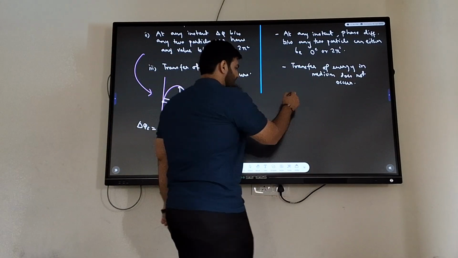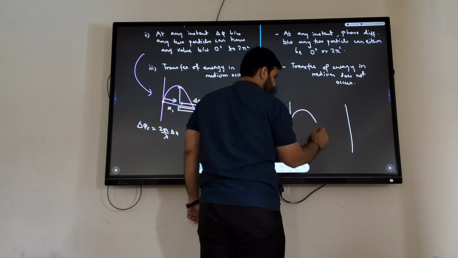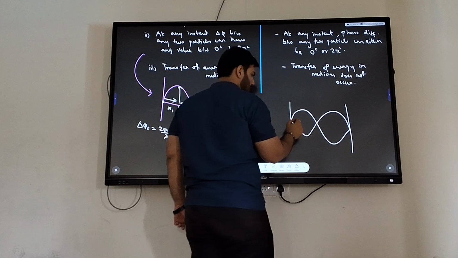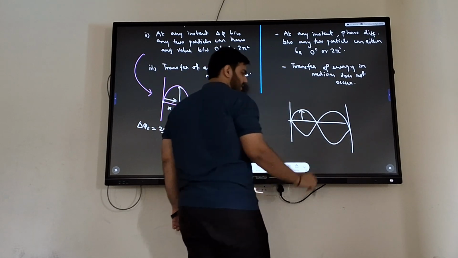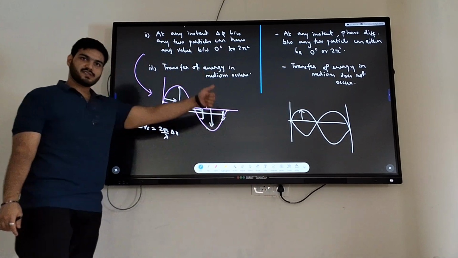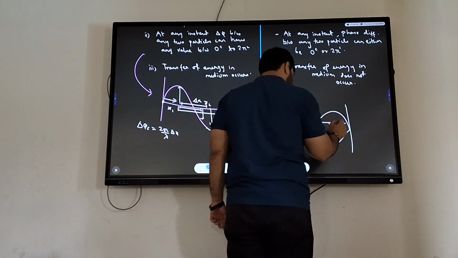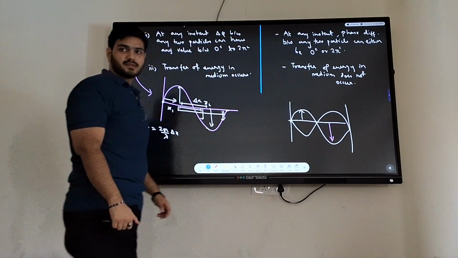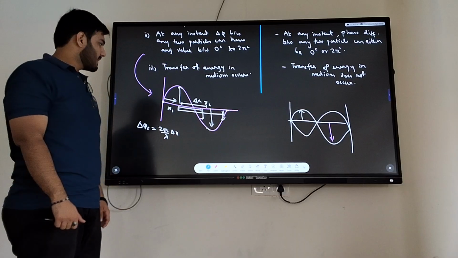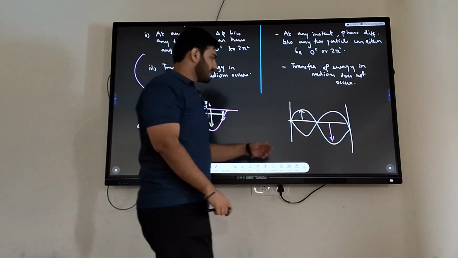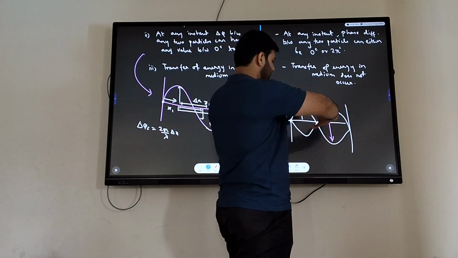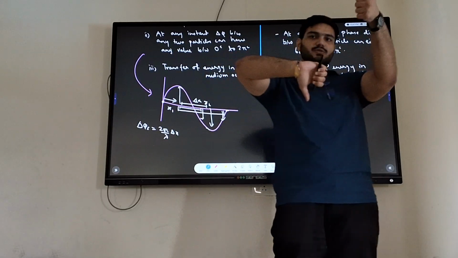When you have a standing wave, these are the particles which are oscillating. This one oscillated up, and at the same time where are these particles oscillating? Down. Yes. Then for a given time, what do you think? This particle and this particle are always opposite to each other, no?